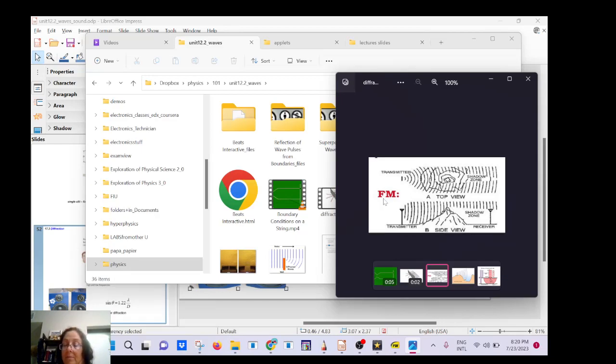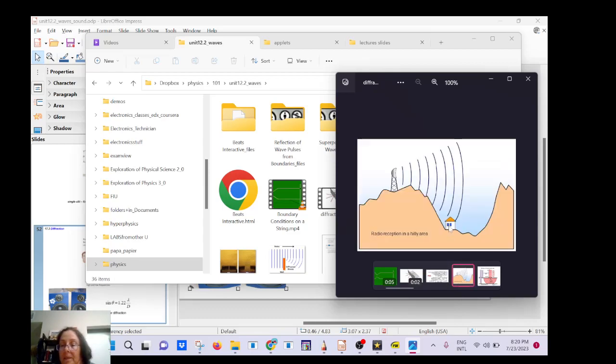If you have AM, they have a large wavelength, so it's going to fill the corner here, so it's going to spread out. So if you are listening to AM radio, you see those waves here have a large wavelength, so they're going to fill the corner and spread out, so you will be able to hear the broadcast. If it's FM, you're not going to be able to hear it.